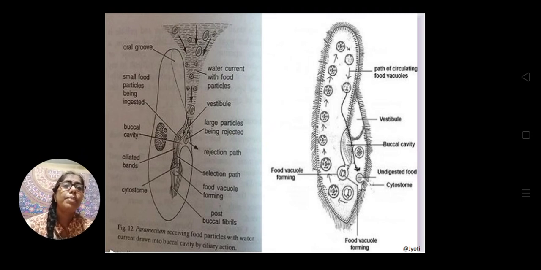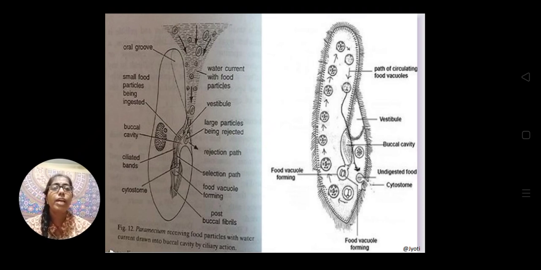Now that undigested food comes to the surface, and from that part the undigested food is expelled out, and that part is called the cytostome. Okay, so this is how nutrition takes place in paramecium.